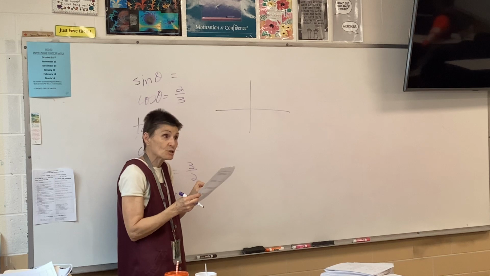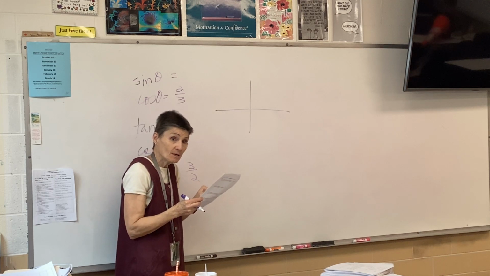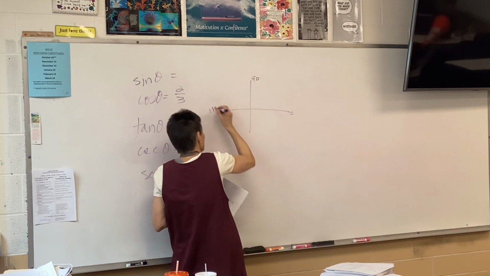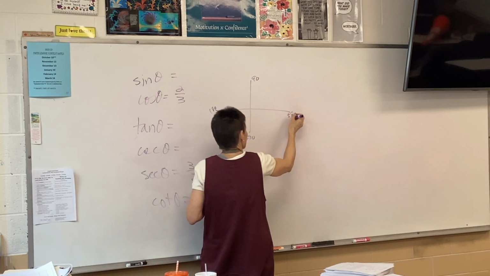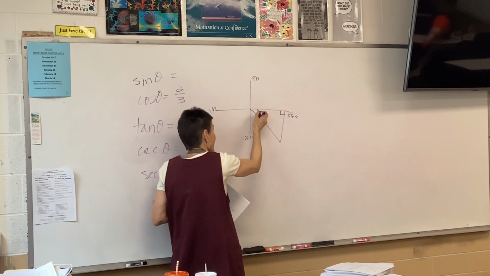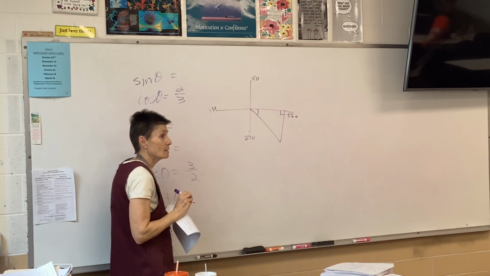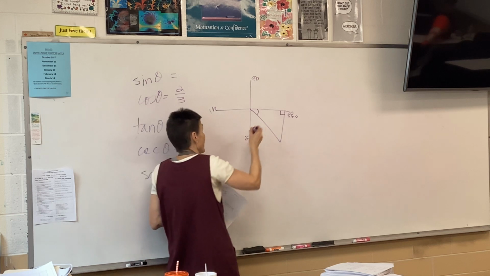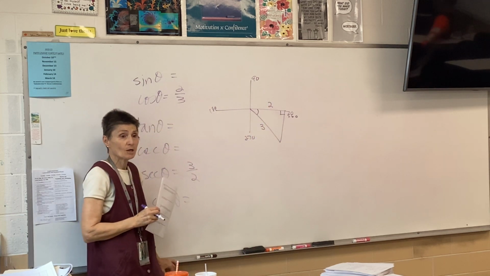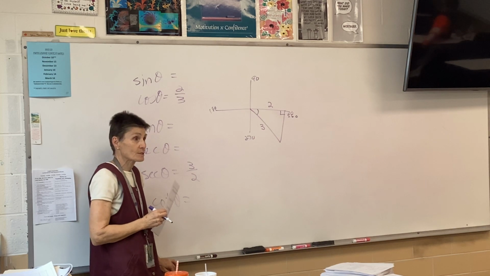Between 270 and 360, which is quadrant 4. So here I am in quadrant 4. Here's my angle. The cosine is 2/3. That's adjacent over hypotenuse.